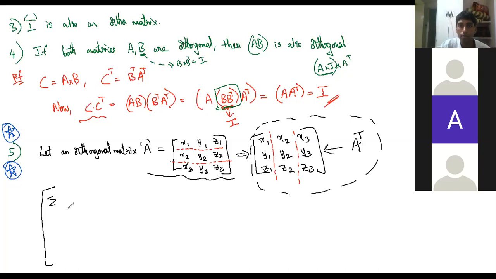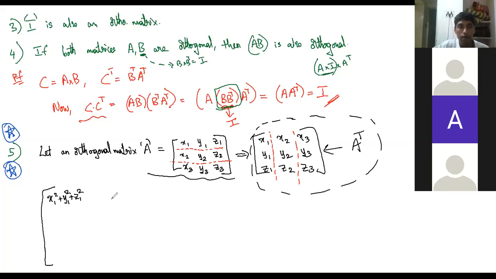No, I don't know how you made such a mistake. See, first element will be x1, row 1 into column 1. हाँ बोलो. My x1 square plus y1 square plus z1 square. Good. It will be x1 square, y1 square, z1 square. Everyone agrees this is the first element. ठीक है?